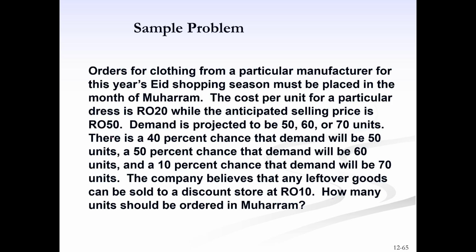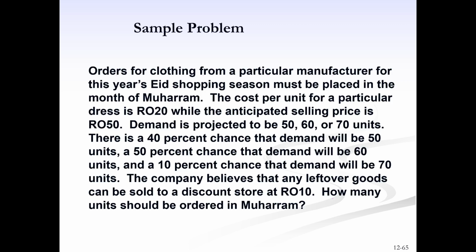There is a 40% chance the demand will be 50 units, a 50% chance that demand will be 60 units, and a 10% chance that demand will be 70 units. The company believes that any leftover goods can be sold to a discount store at Riyal 10. How many units should be ordered in Muharram?